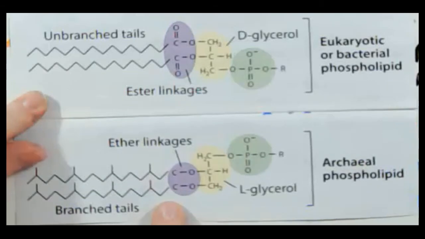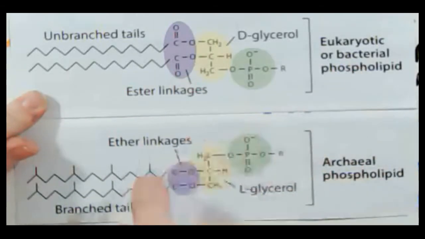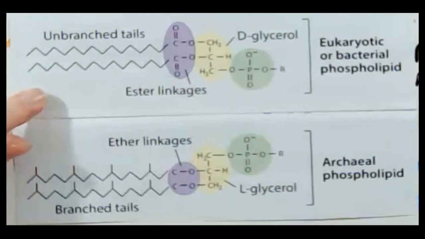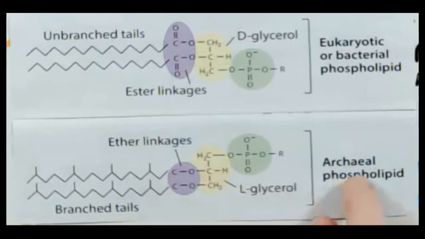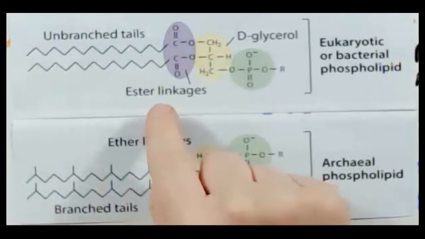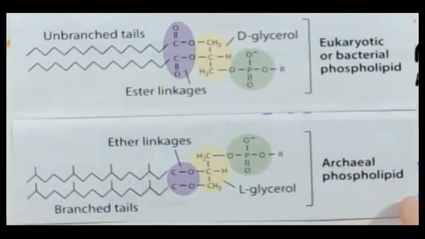What I would like you to know is that eukaryotes and bacteria have an ester linkage with the fatty acid tails, whereas the Archaea have an ether linkage with the fatty acid tails. Don't worry too much about what the difference is between an ester and an ether. You'll learn more about that as you progress in chemistry, and we'll touch on it a little bit in cell biology. But what I want you to know here is that eukaryotes and bacteria have an ester linkage, and Archaea have an ether linkage. That's what you should know.